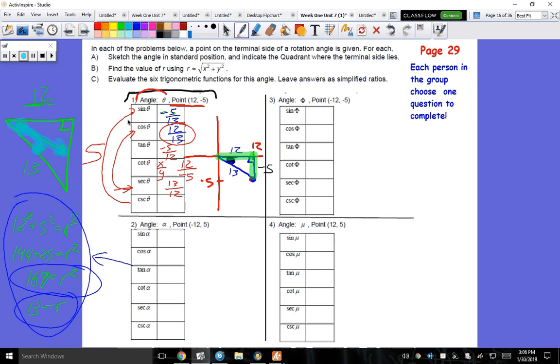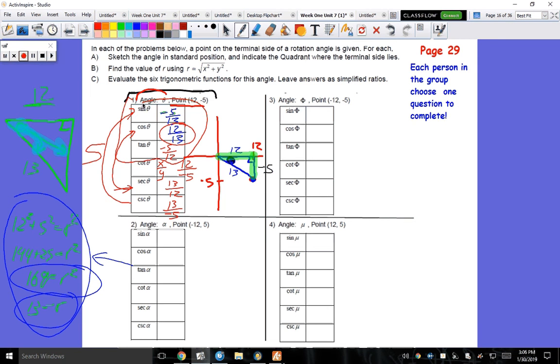Cosecant is the flip of sine, which would be what? 13 over negative 5. You with me? Guys, the whole x over r, y over r, and r over x versus r over y, if you just memorize these three and know that the other ones are flips of them, that's an easier route for where you're going to go with the math.